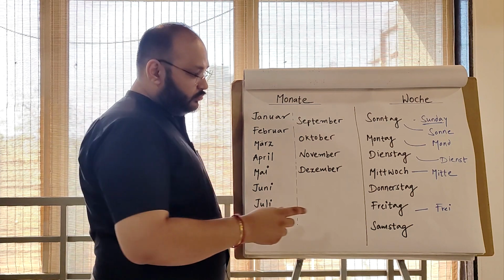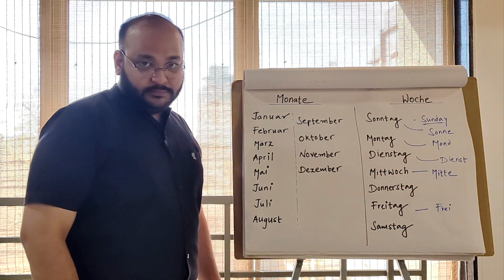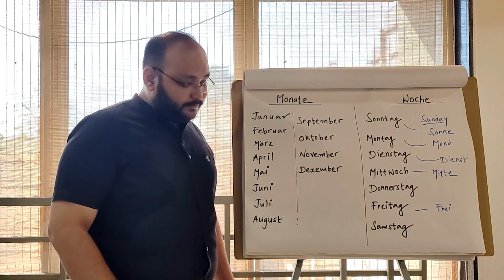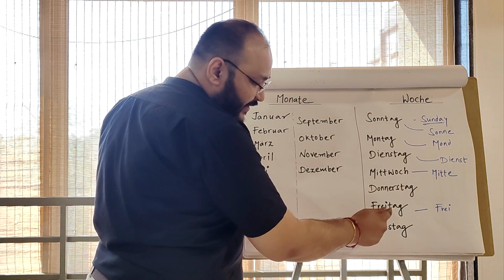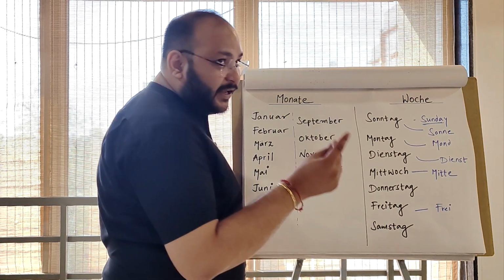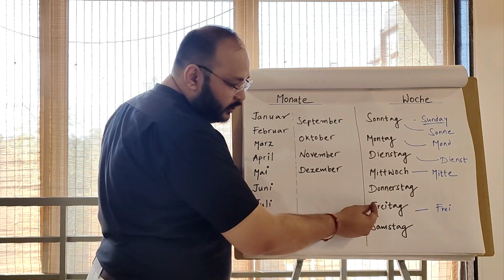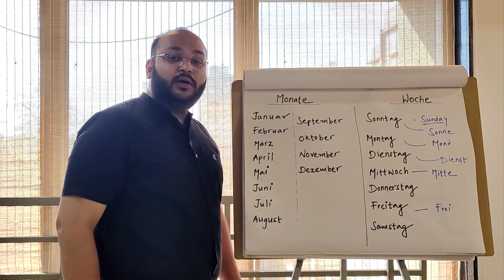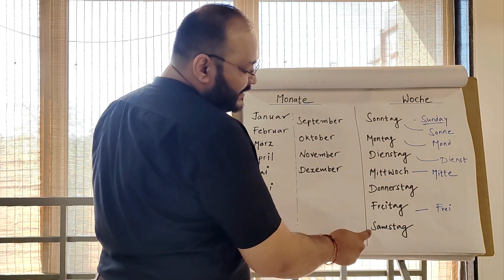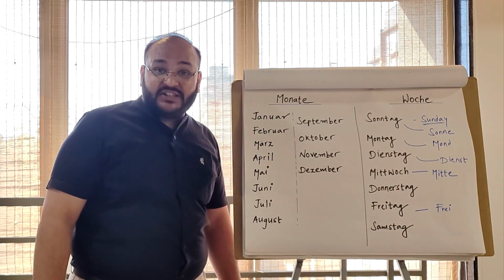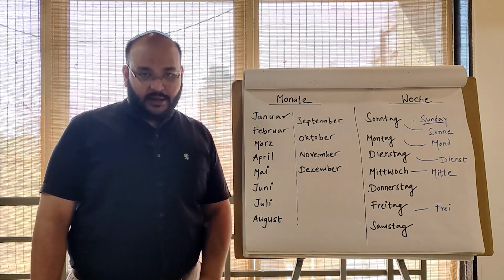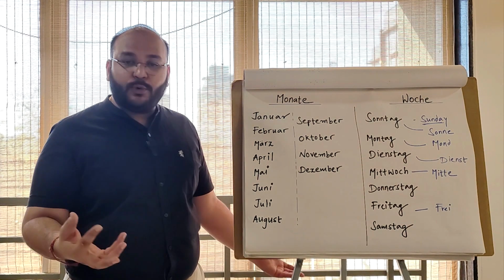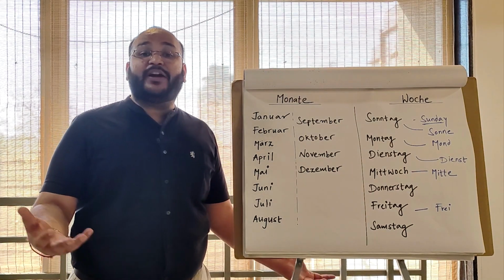Thursday, Donnerstag. Friday, once again two vowels, E-I. So F-R-E-I, Freitag. And Saturday, Samstag. So Sunday till Saturday: Sonntag, Montag, Dienstag, Mittwoch, Donnerstag, Freitag, Samstag.